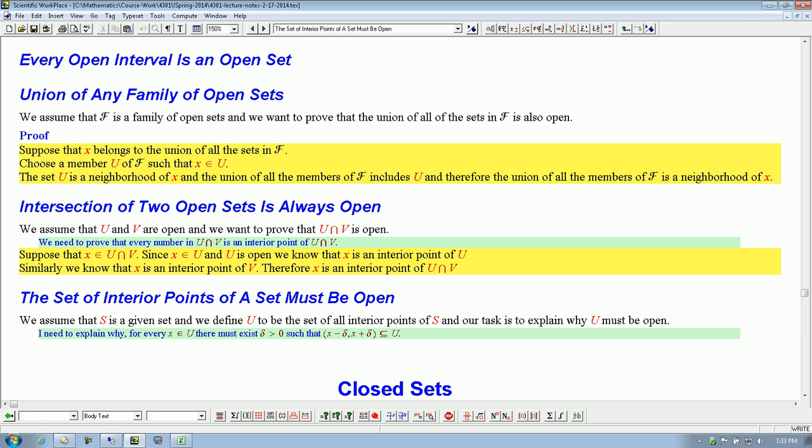How do you prove that something happens for every x in U? You suppose that x belongs to U. How do you prove that every member of U eats chocolate? Suppose that x belongs to U. Suppose that every positive number eats brown bread.